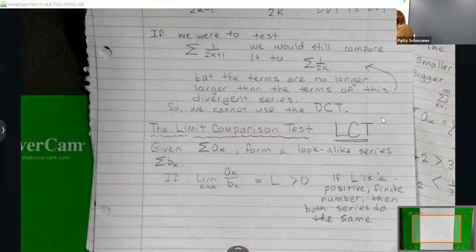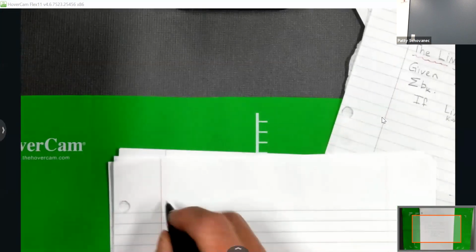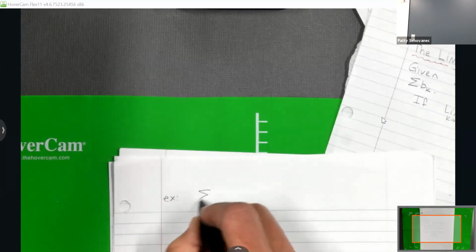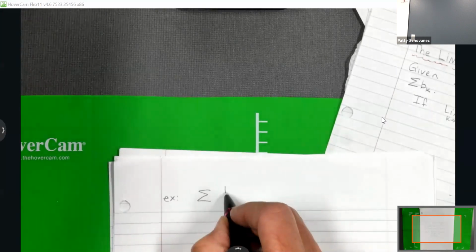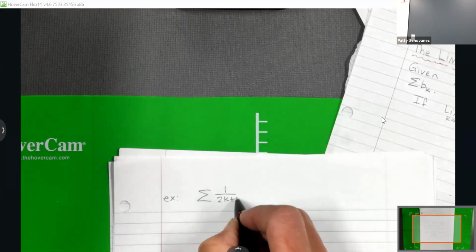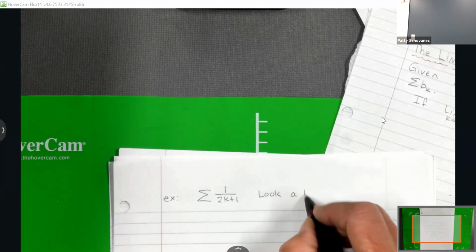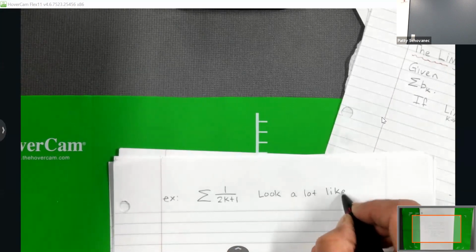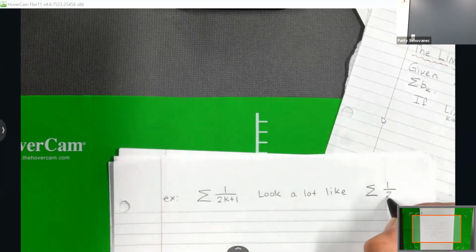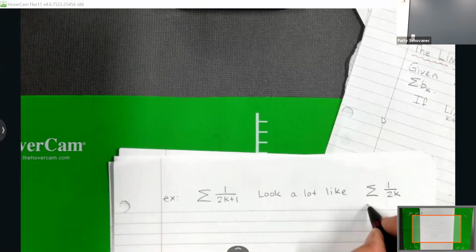So let's quickly test the series 1 over 2k plus 1. In our example, the series 1 over 2k plus 1 looks a lot like the series 1 over 2k, which we know as a divergent p-series.